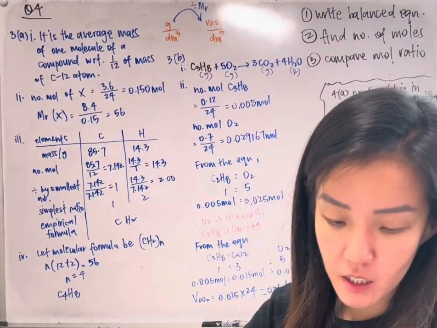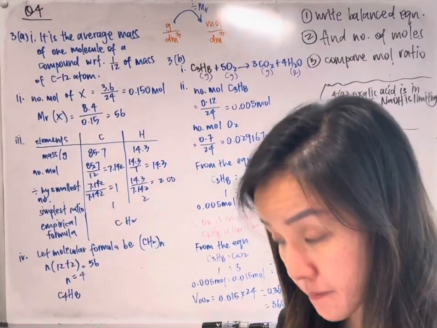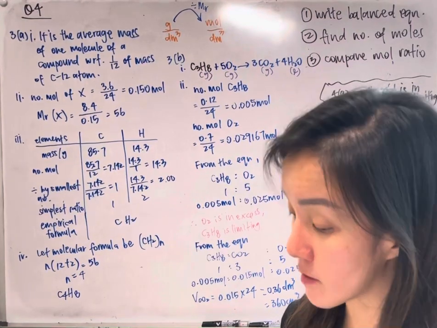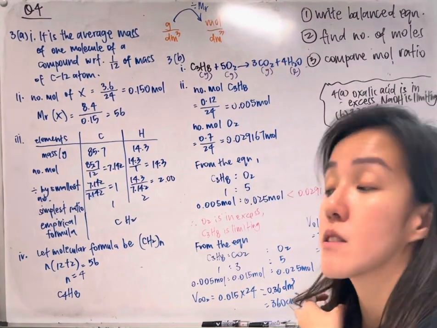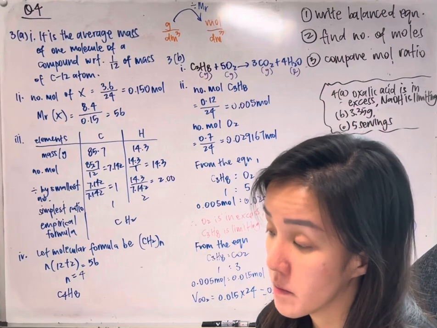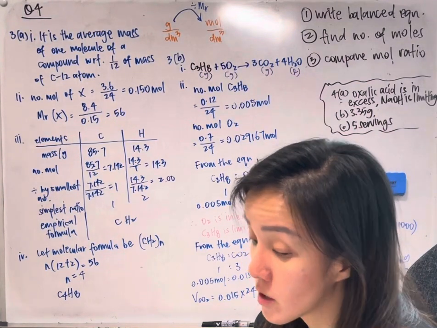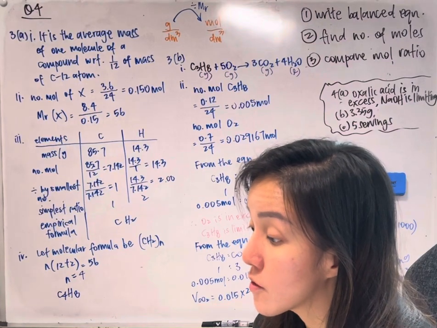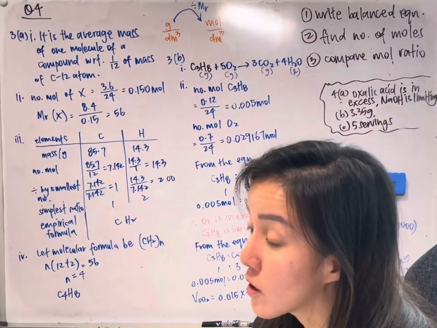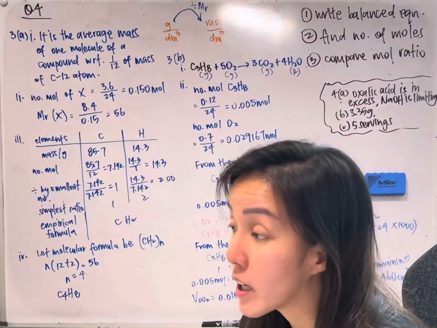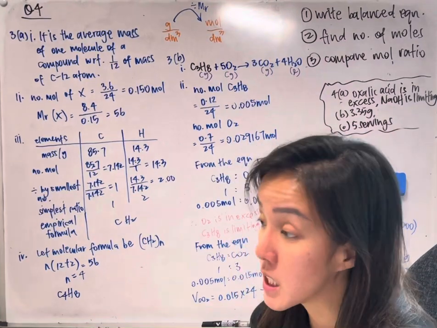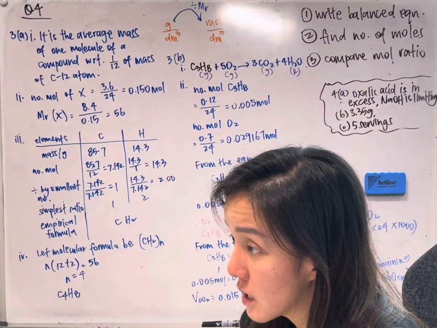Do you see they already gave you the number of moles of oxalic acid? Do you know what is the MR of oxalic acid? You can calculate, right? Because you know the formula is C2H2O4. So, can I find the mass of oxalic acid?